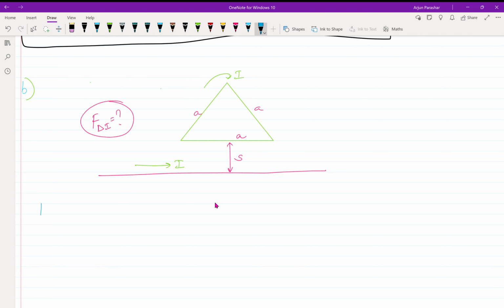That's important. So first of all, let us define here dF. Why dF? Because the figure is not as symmetric as we have in that question. So we will write it as I dl cross B, because we need to consider a small strip in this question.